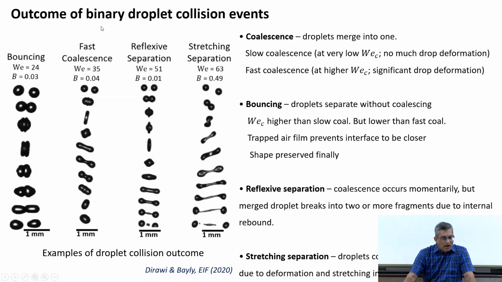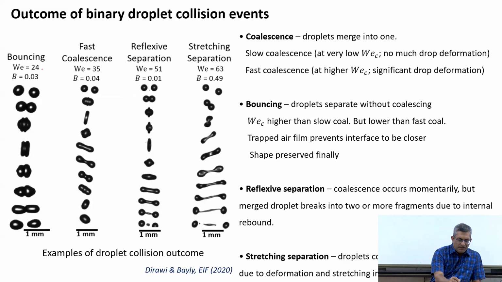So, what is the outcome of a binary droplet collision event? These are some results obtained from collision experiments. The collision was made to happen using two droplet generators, as you can see here.